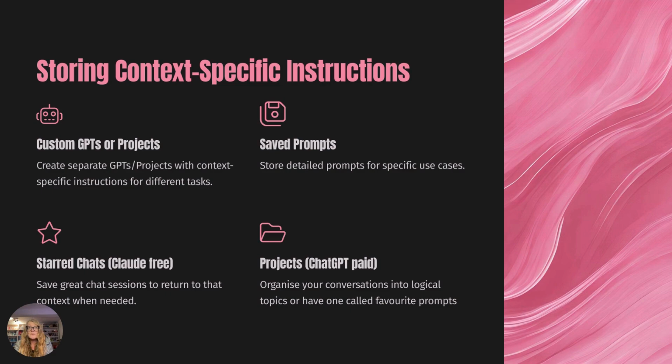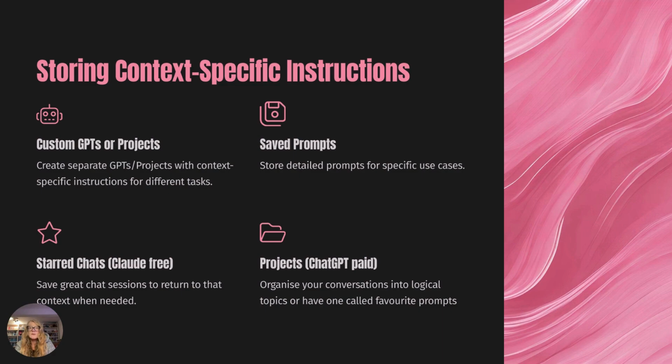So, where to store those detailed instructions instead? For more context specific instructions, there are better places to store them than the global top level settings. If you frequently ask AI for different types of tasks, such as writing reports, brainstorming ideas, or generating creative content, you don't need to include all of those details in the top level instructions.